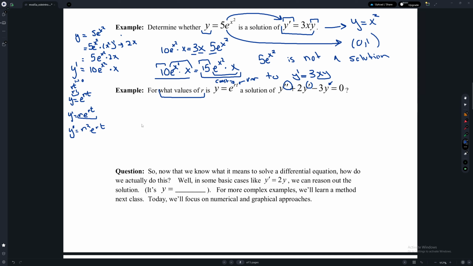We sub them in. r squared e to the rt plus 2, the first one, r e to the rt, minus 3 e to the rt equals 0.